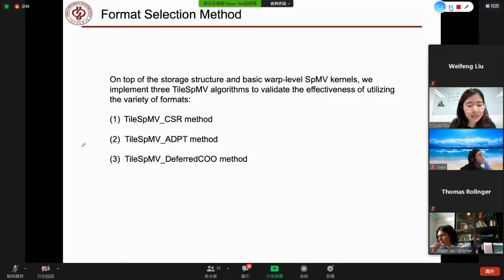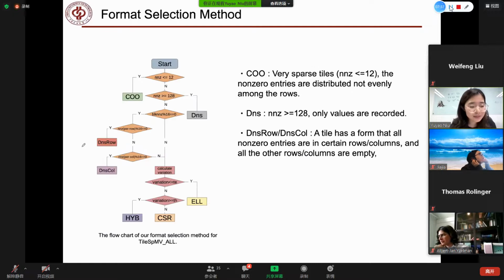version, the TileSpMV adaptive method. The TileSpMV adaptive method inspects the sparsity structure of each sparse tile, and then adaptively selects a format from the 7 to store and calculate the sparse tile. We design a 2-level selection method to automatically find the most suitable format and algorithm for each tile according to its sparsity structure.